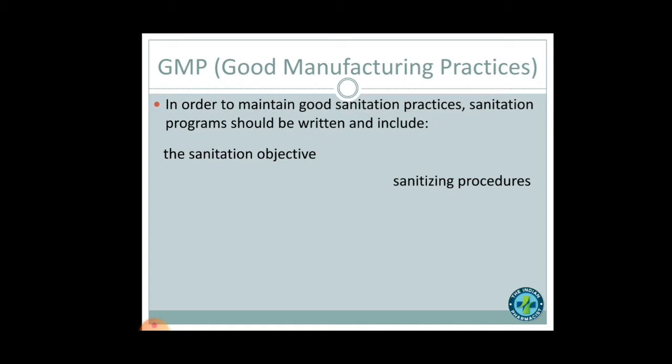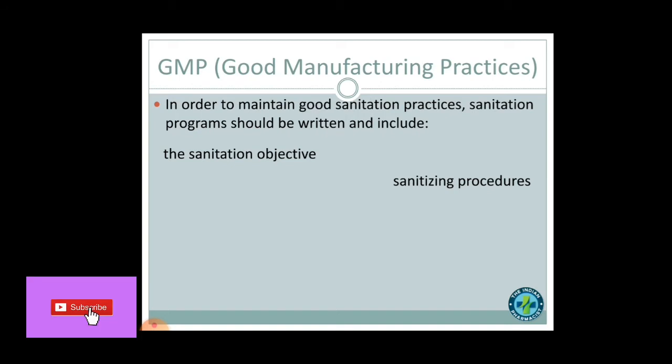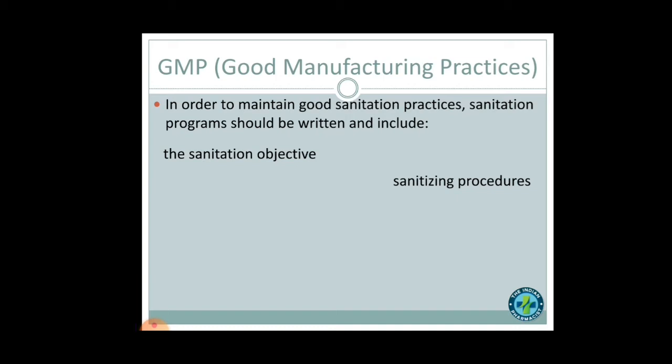For equipment surfaces, we can use some type of chemical which is safe for use and will not leave any remnant on the surface. For the flooring, we use some branded products which are claimed to be safe and have sanitizing potential.